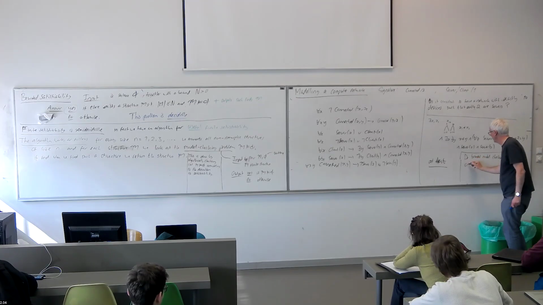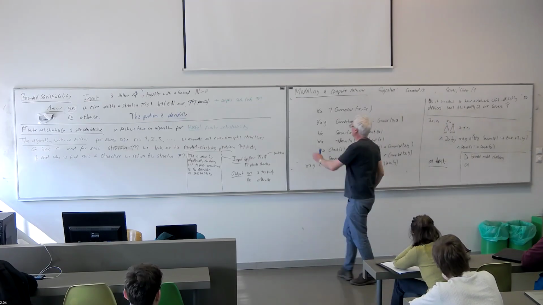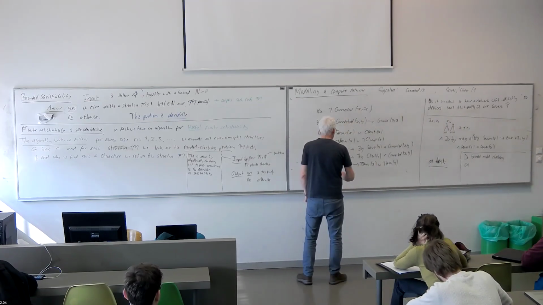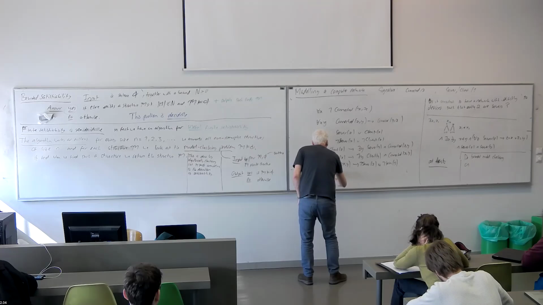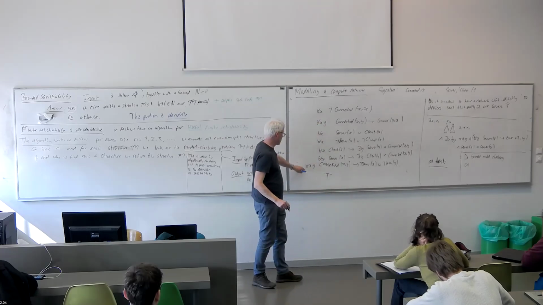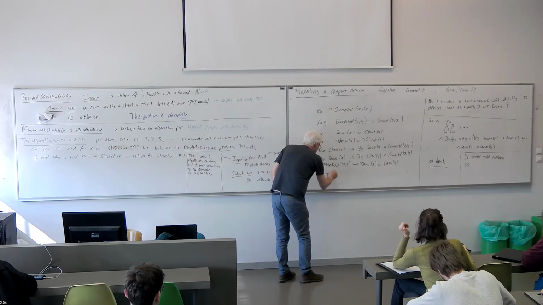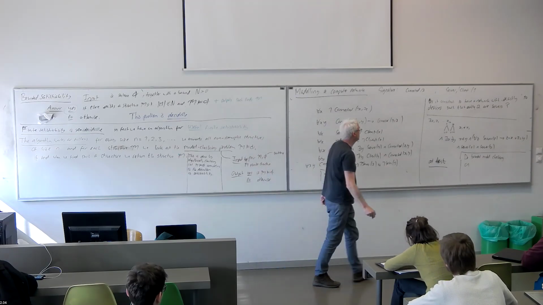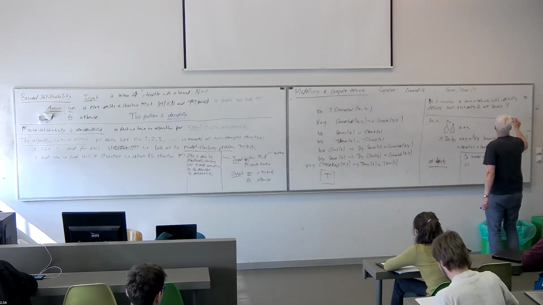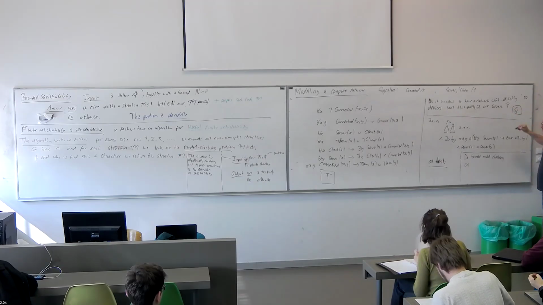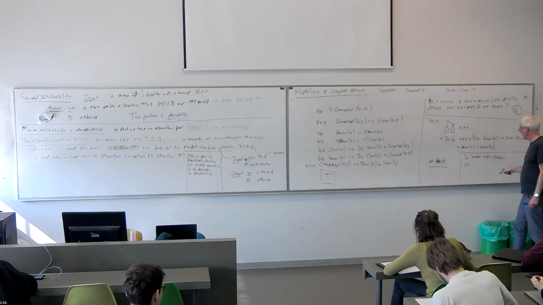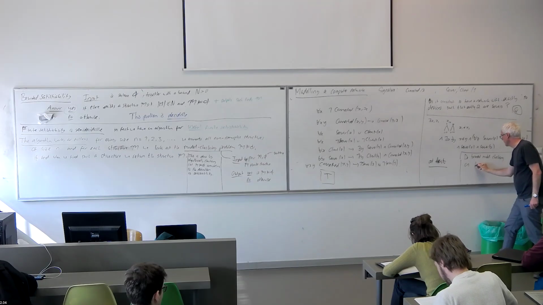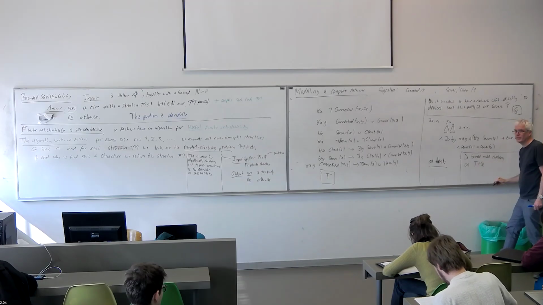Let's use T for the conjunction of these axioms, meaning the theory, and Q for this axiom, meaning the query, and we do bounded model checking on T together with Q.